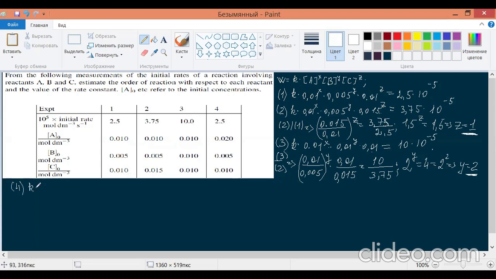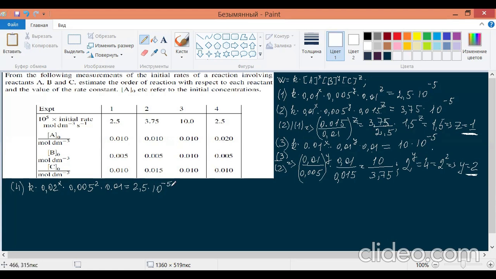So k times 0.02 to the x times 0.0005 squared, because this is 1, and times 0.01, and that equals 2.5 times 10 to the minus 5.